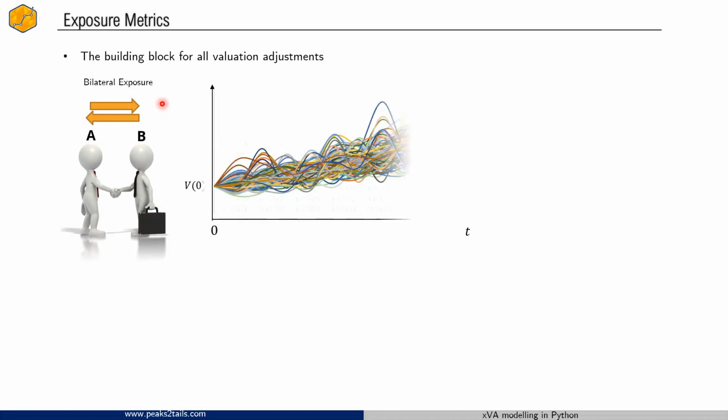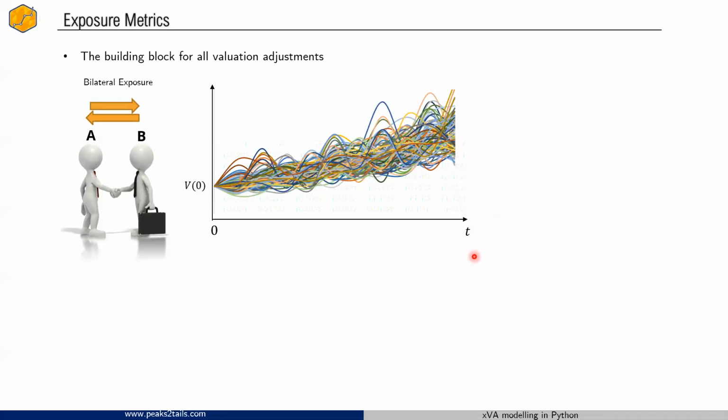Bilateral exposure. Now, the value of the derivative at time 0, let's call it V0. Normally at inception, the value is 0 for, let's say, swaps or forwards. But to keep it more general, let's say that the value at time 0 is V0. Over the course of time in future, the value of the trade will go up and down. It is stochastic, right? So here is a bunch of Monte Carlo simulation paths to show you that the value of the trade can be anything in future.